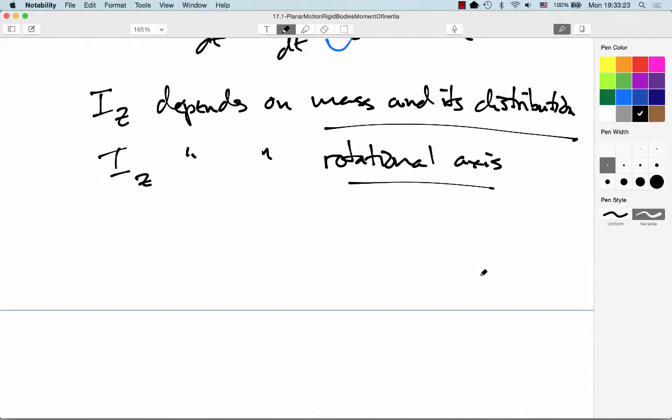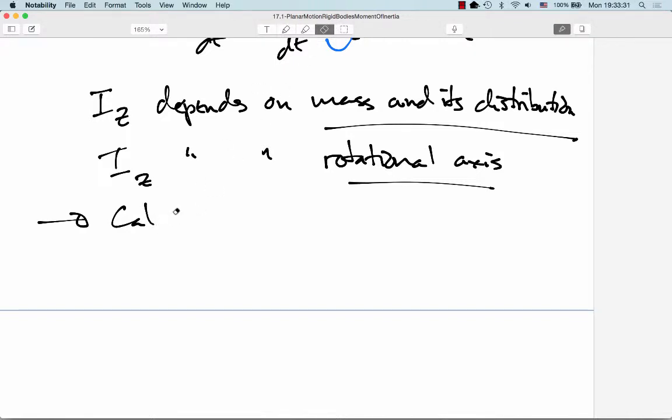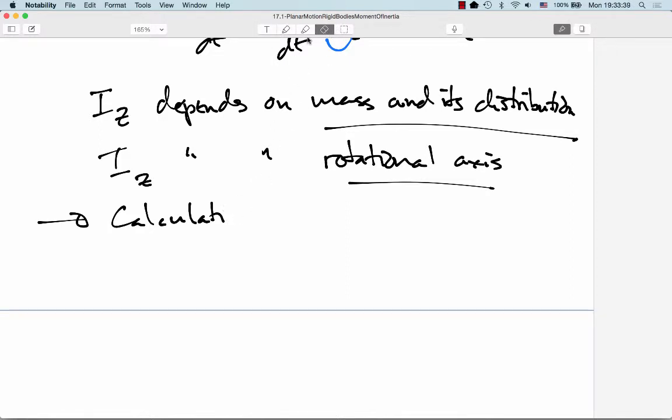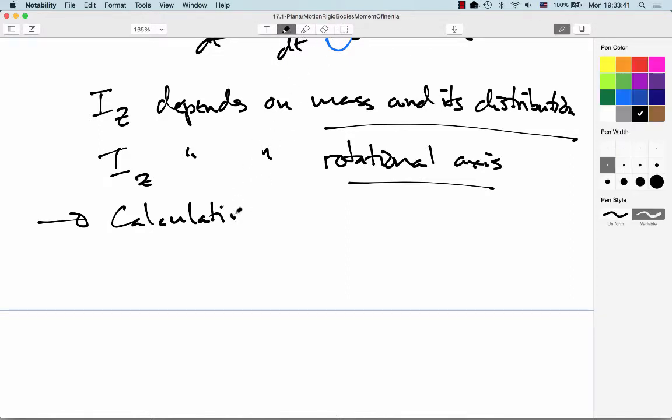Okay, so let's look at calculating moments of inertia.